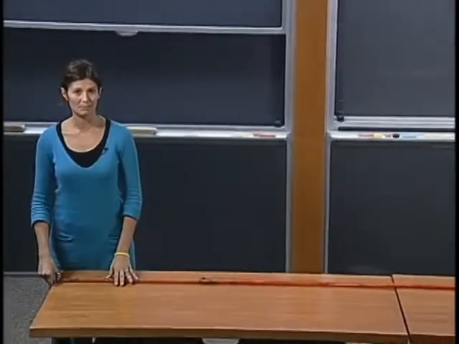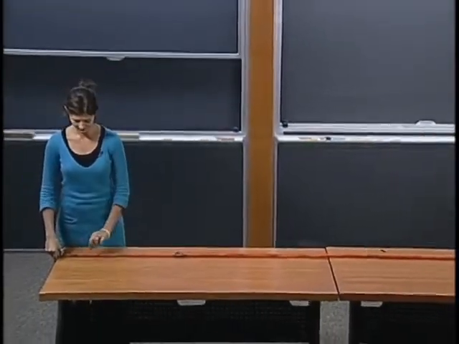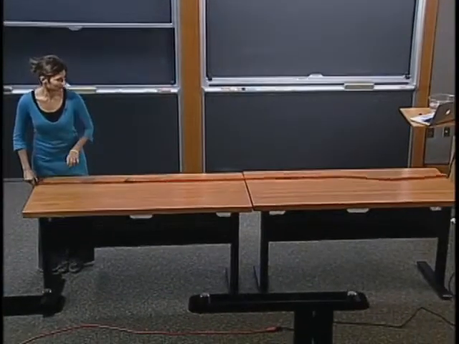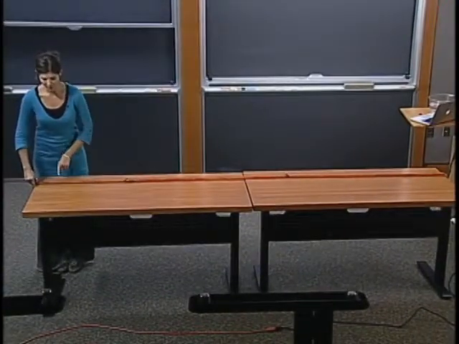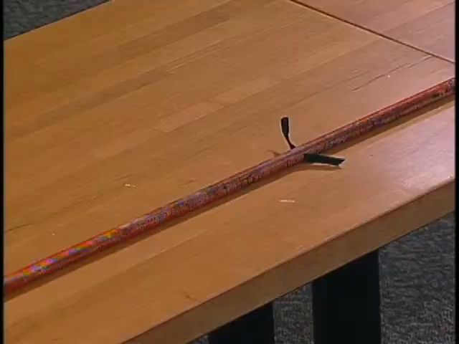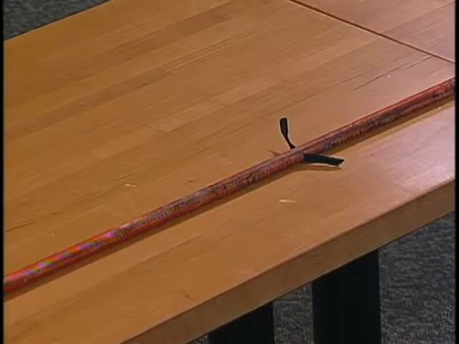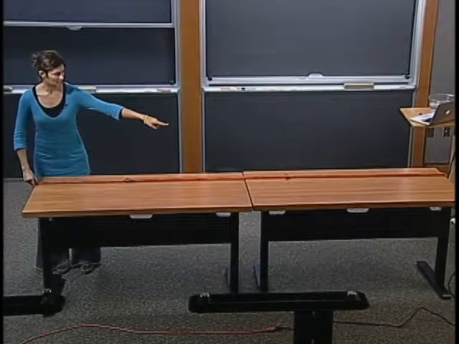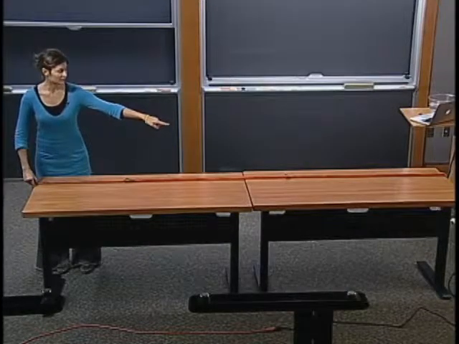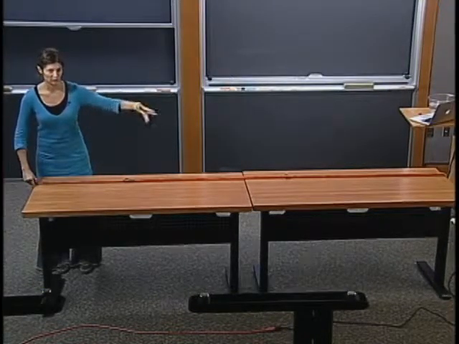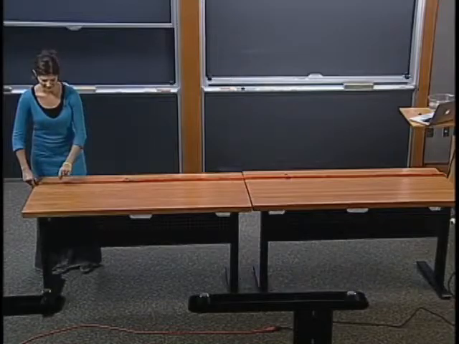So here, for example, I have a spring, and I can perturb it in this way. The perturbation in this direction is creating a pulse that is traveling in the perpendicular direction. If you look at the black tape in the center, you will notice that it's just moving back and forth. It's not actually moving with the wave itself.